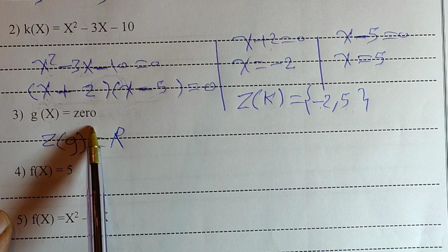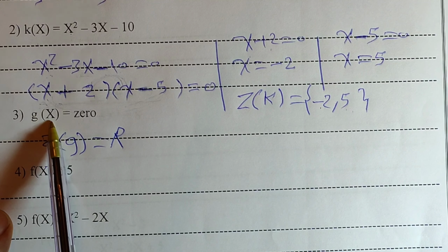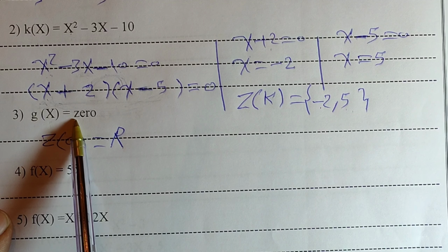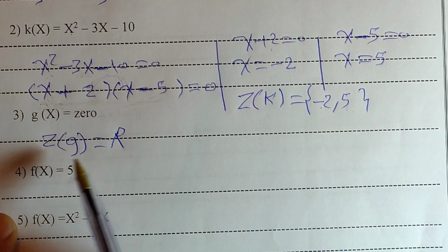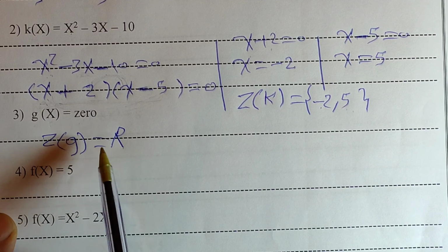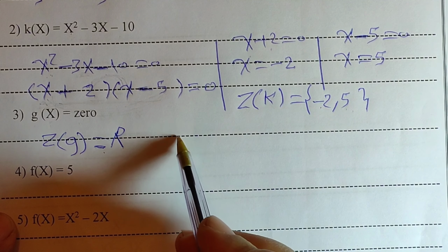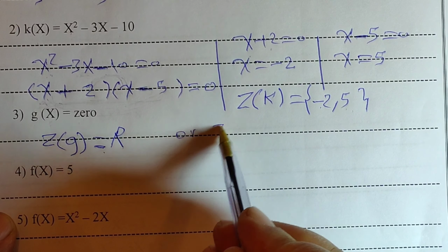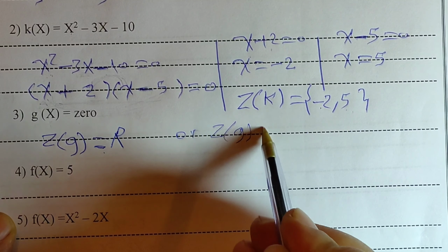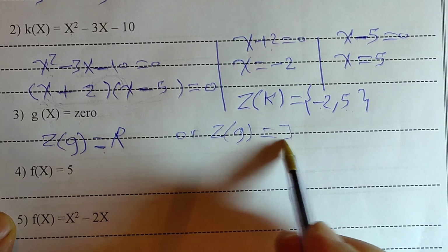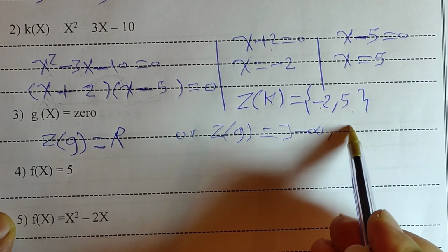If you substitute any of the real numbers instead of x, the function is still g of x equals 0. Okay, so z of g equal R. This means I can write it or z of g equal here negative infinity and infinity as an interval.